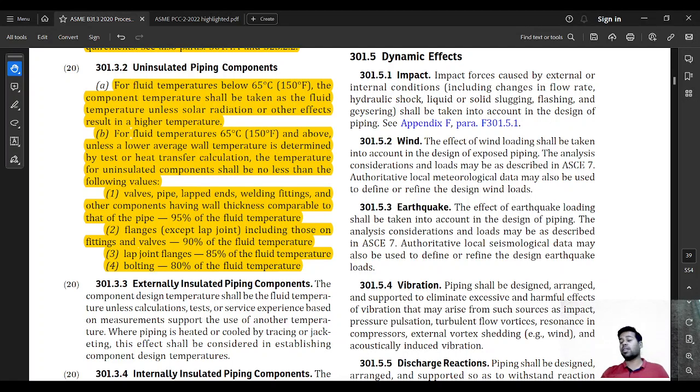In most cases, if it's an earthquake zone, it is a mandatory requirement that you take earthquake considerations into account while designing the piping system. If it's not an earthquake zone, the earthquake requirements are still generally taken into consideration to avoid unexpected failures. Vibration can happen due to fluid flowing inside the piping system, or by some other equipment attached to the piping system.